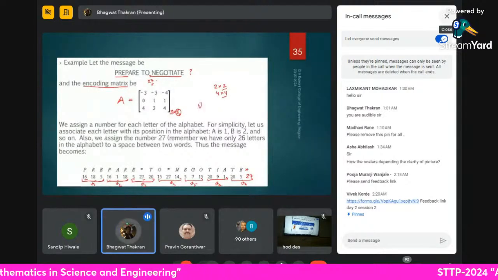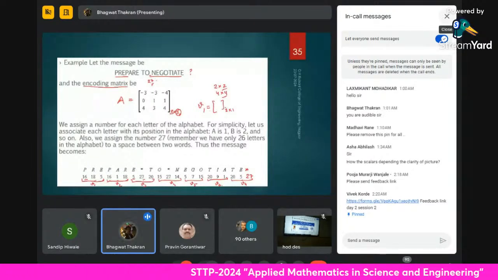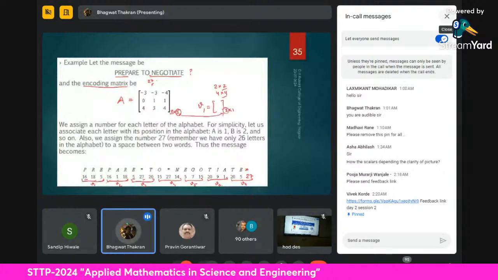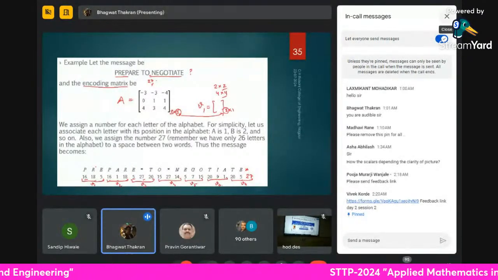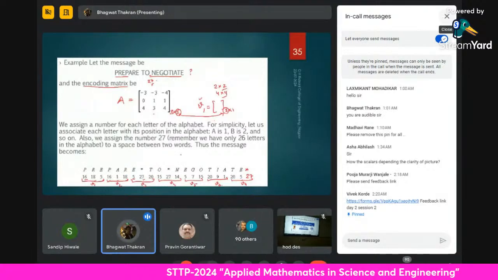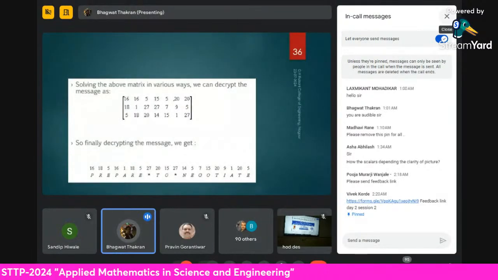So my vector V1 is of order 3 by 1, right? So this should match, and that's why I have considered my vectors to be a collection of 3 components. So when I multiply this matrix over V1, V2, V3, V4, V5, V6, V7, this is my coded message.